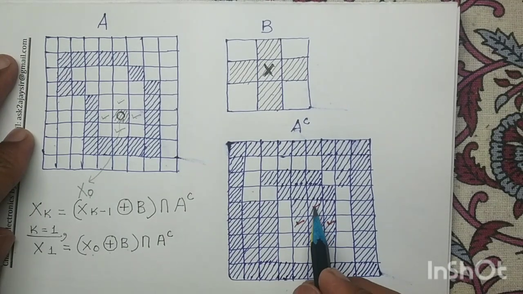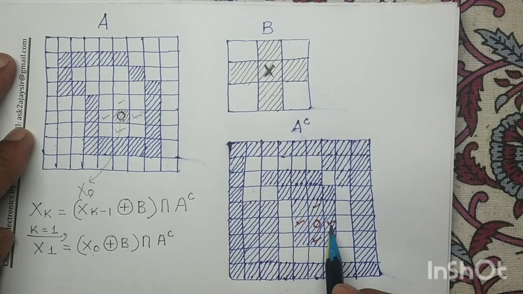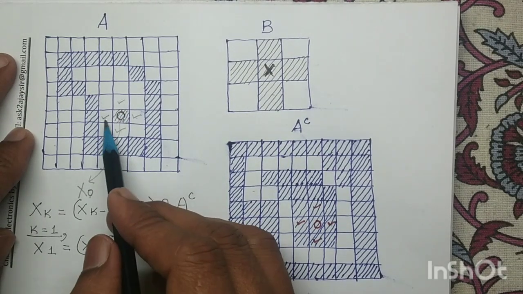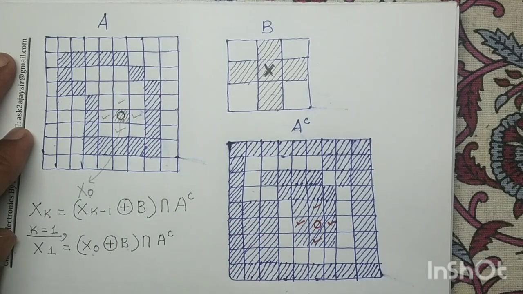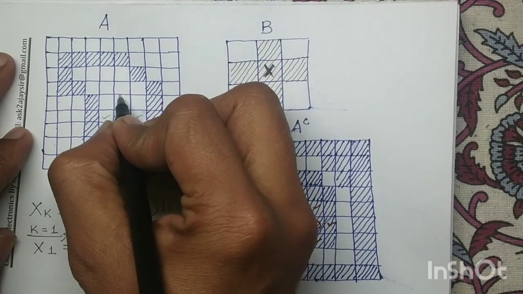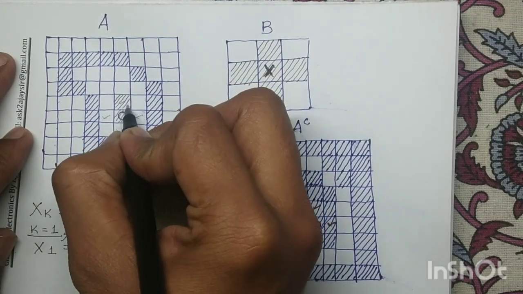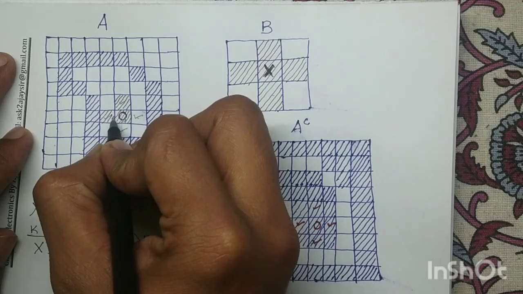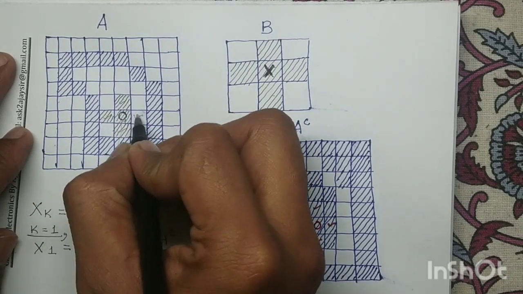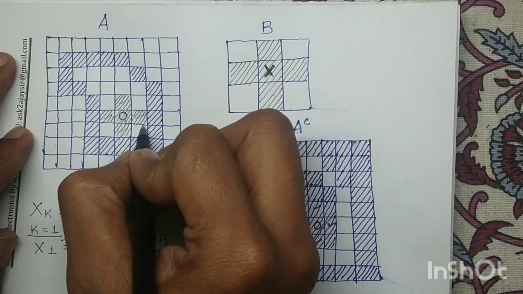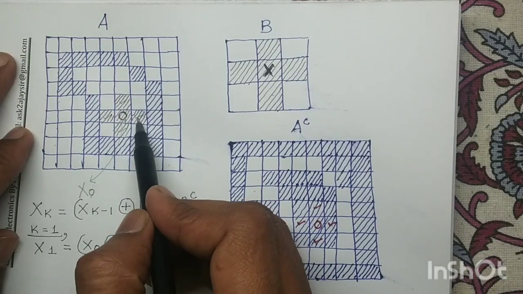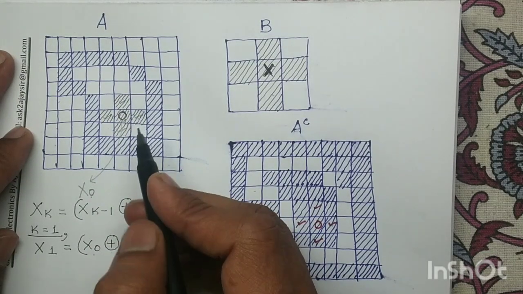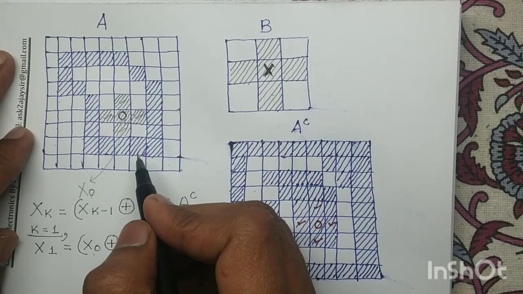It means all of these 4 pixels satisfy the intersection condition, and hence all of these 4 pixels will be the output of my first iteration. So let me mark all these pixels. Since these 4 pixels are part of my first iteration, all these 4 pixels are x1, and in the image I will represent them with 1.